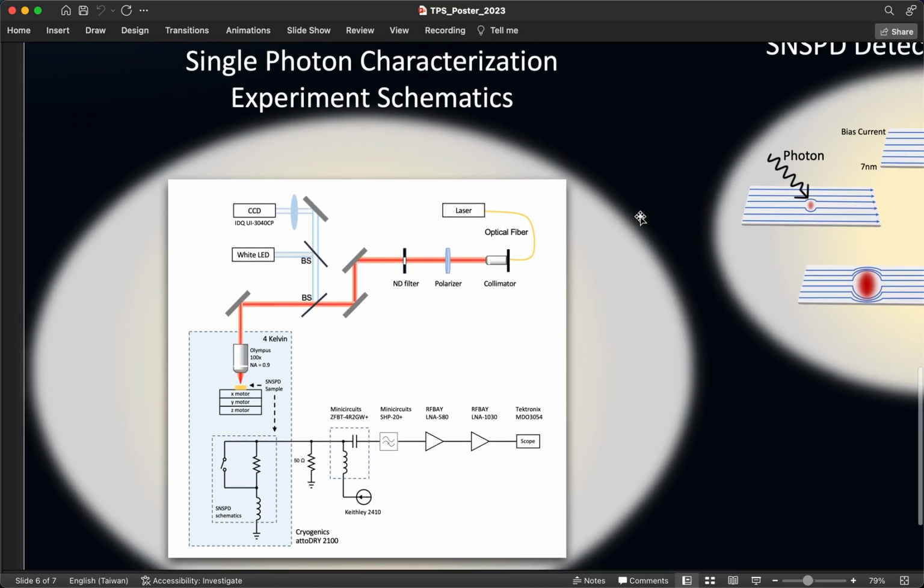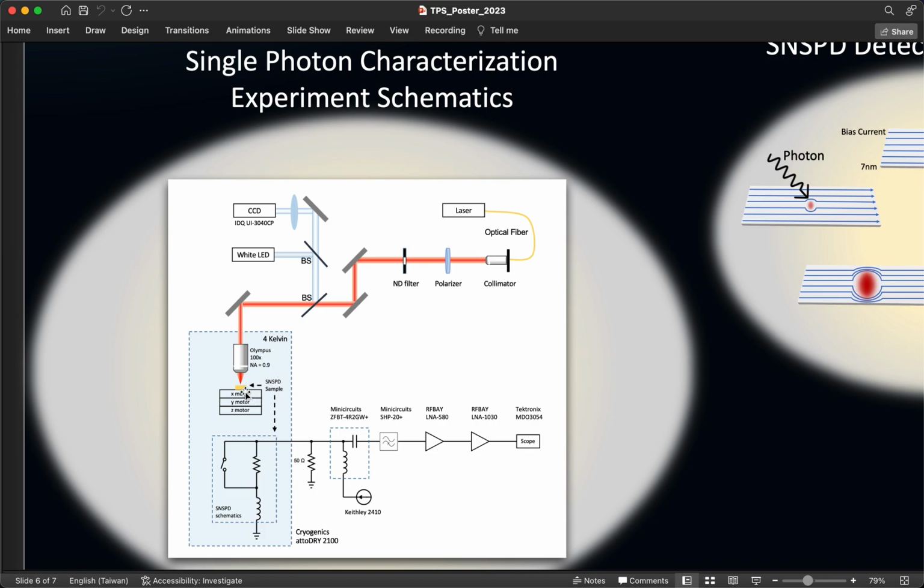So here is the proposed characterization for the SNSPD with a single photon source setup. We have the lasers with ND filters to attenuate it to single photon level, and it will be focused onto the SNSPD sample within the cryogenic system we have right here.